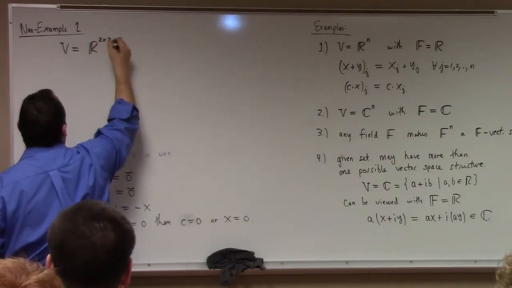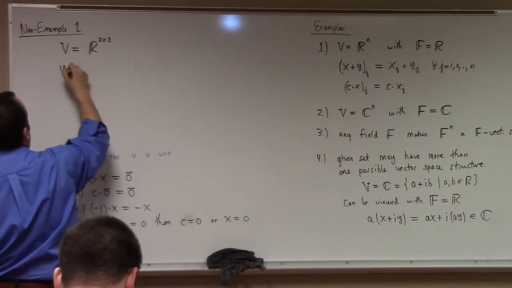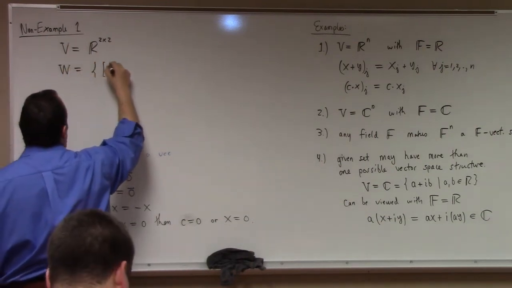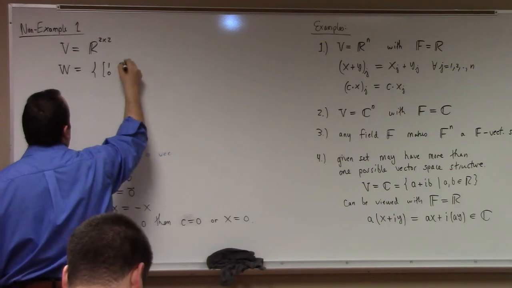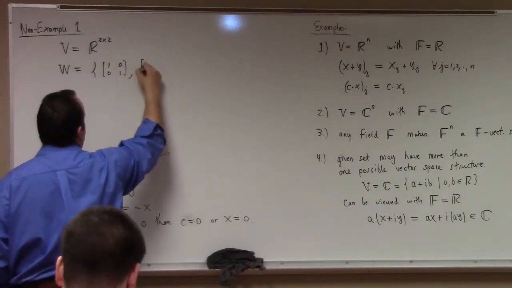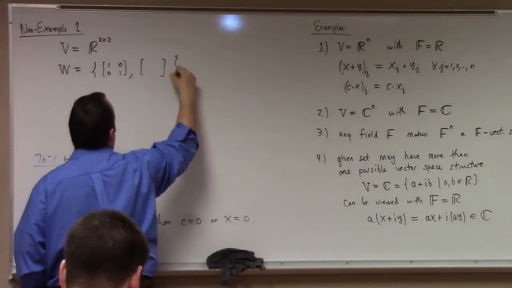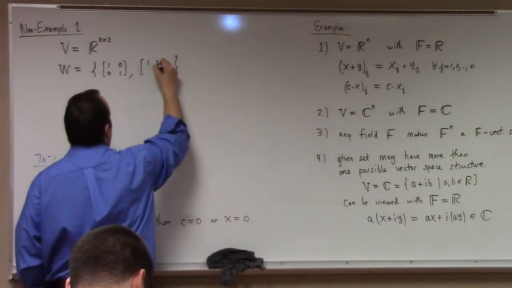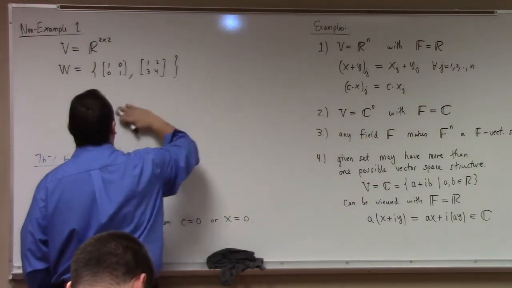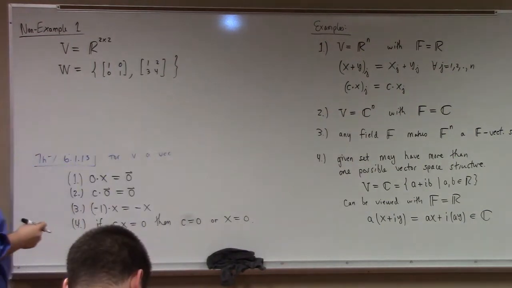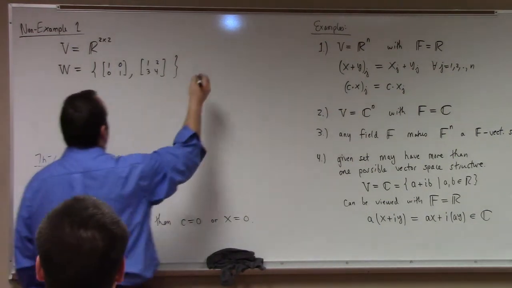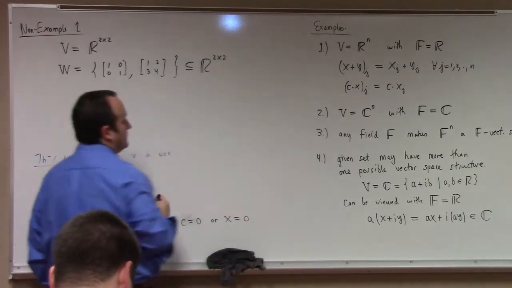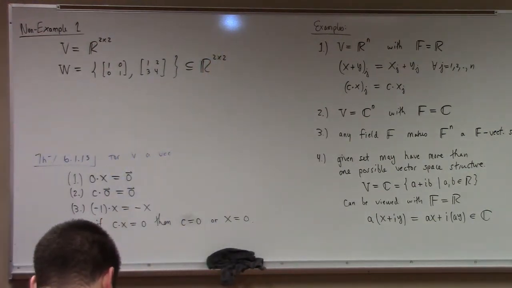That's kind of a fun example. And let W equal the set containing, how about just the identity matrix? And you guys give me any matrix you like. 1, 2, 3, 4. 1, 2, 3, 4 was the correct answer. Thank you. Clearly W is a subset of our 2 by 2 matrices, right? Is it a subspace?